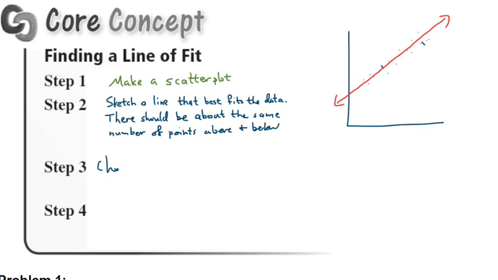Step 3. Choose 2 points on the line and write an equation for it. Pick 2 points on the line.